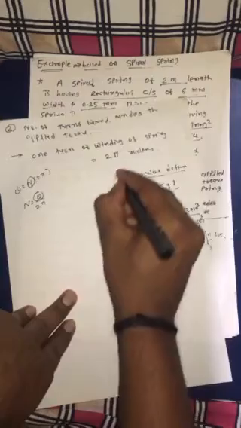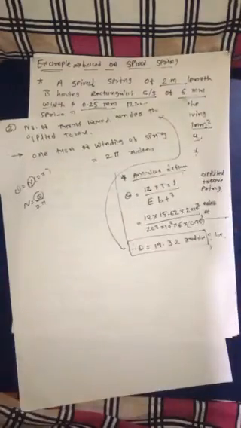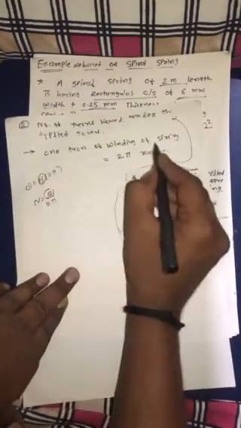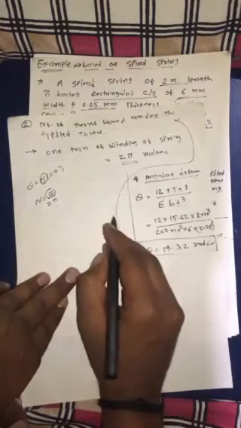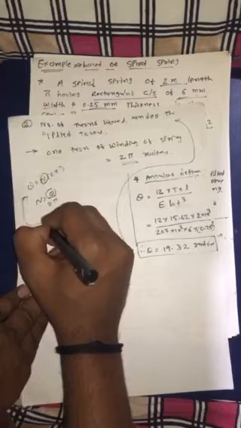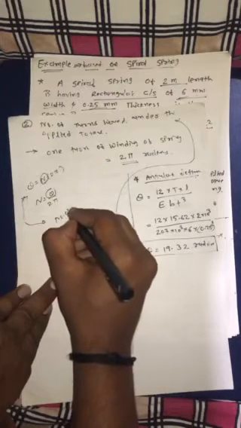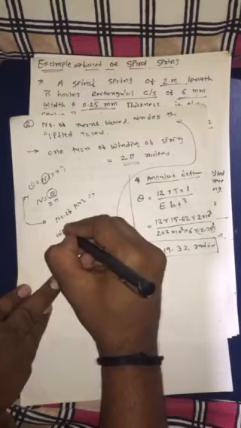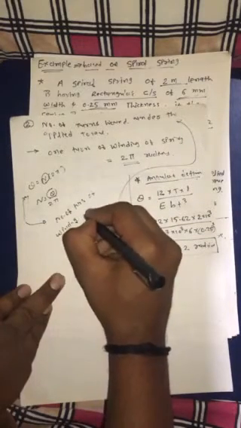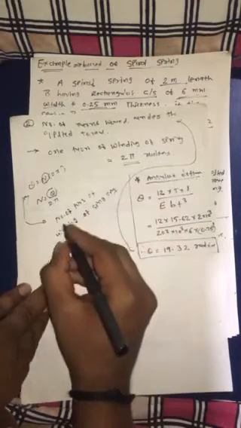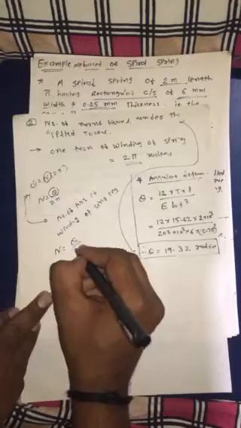Then we have to find the number of turns wound under the applied torque. One turn of winding of the spring is 2 pi radians. So the number of turns of the winding of the spiral spring is n is equal to theta by 2 pi.